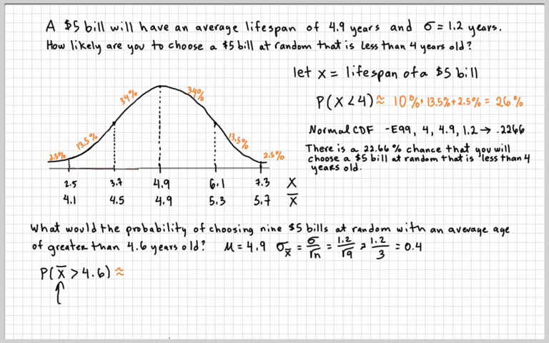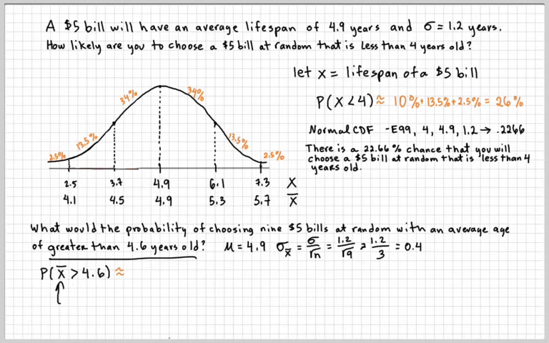An average age, because that describes the property of 9 of these bills, right? We can't have all these 9 bills individually. These 9 bills, we need to collectively put them together and describe them with one number. And that's the mean of those 9. And we have to do it as greater than, which is going to the right of what?